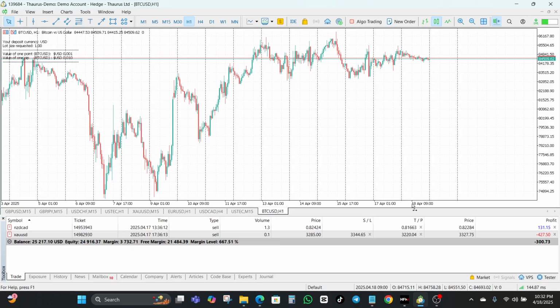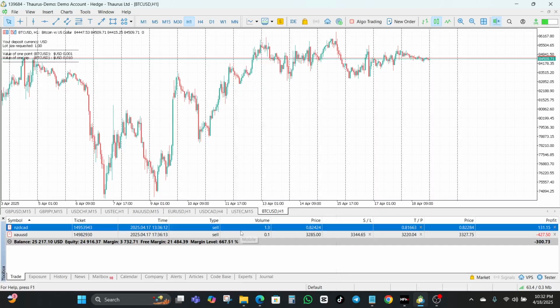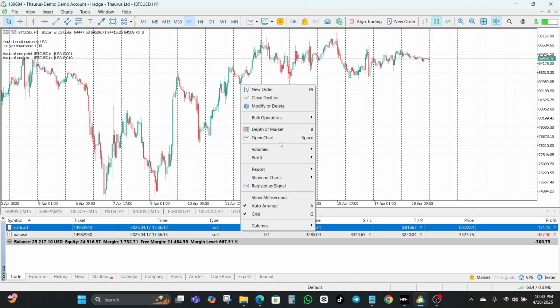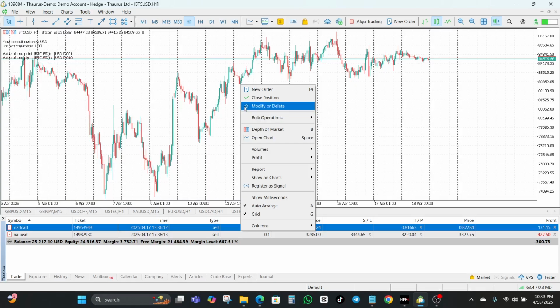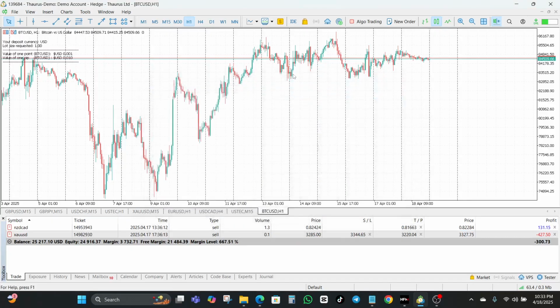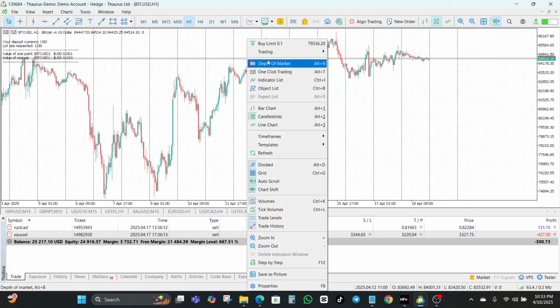Now, you will need to have either a trade running or a pending order set.